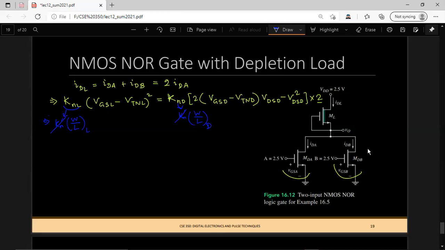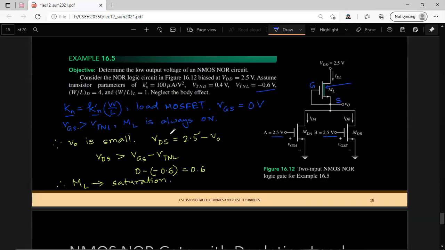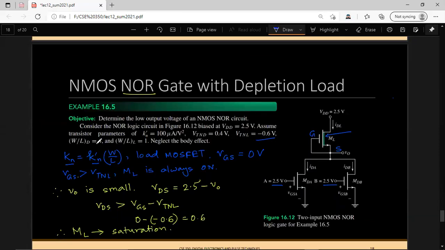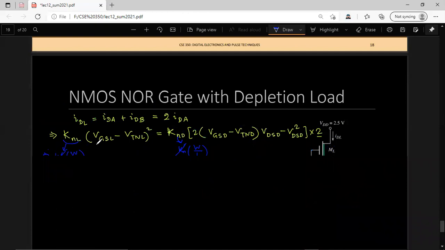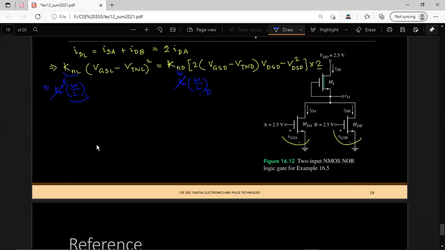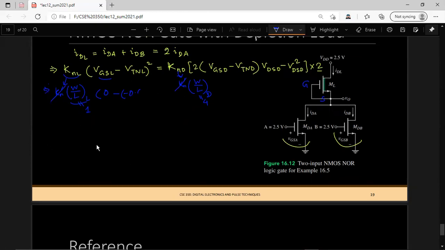So W by L for the load circuit is given as 1, and W by L for the driver is 4. So this is 4, this is 1, and VGSL, because these two terminals are shorted, we calculated previously. This is 0. VTNL is minus 0.6, whole squared.